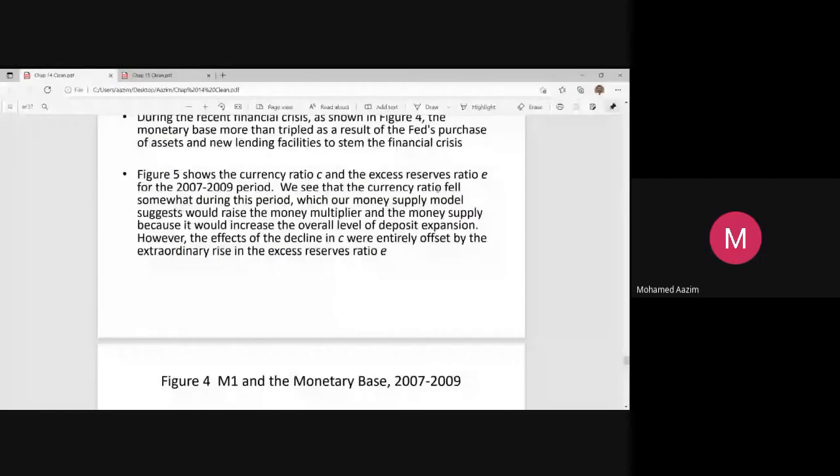So they were not necessarily lending, but increasing the excess reserves. So small e, the excess reserve ratio, was expanding during the recent financial crisis.